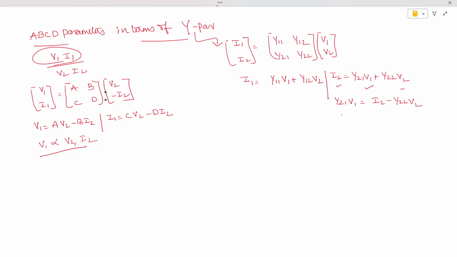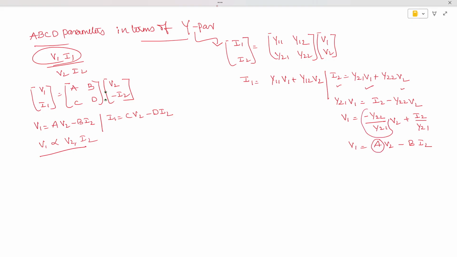So therefore V1 is equal to minus Y22 by Y21 V2 plus I2 divided by Y21. This is the value we are having. And now when you compare with the standard expression, V1 is equal to A V2 minus B into I2, what is the value of A now?